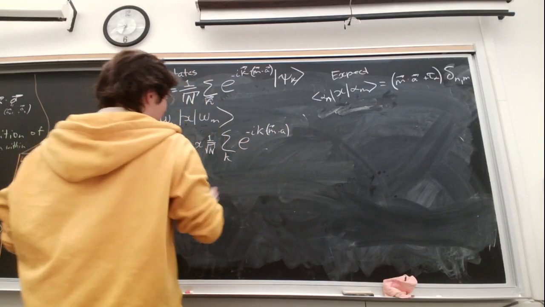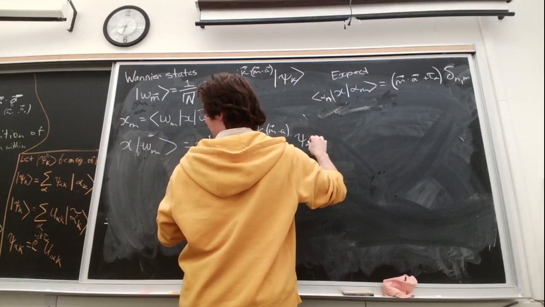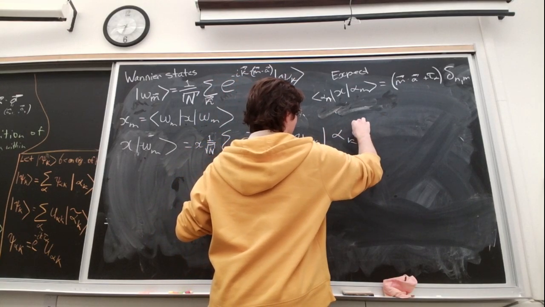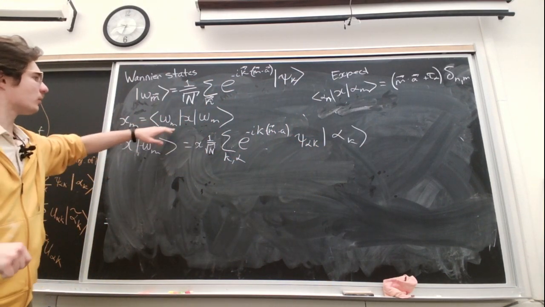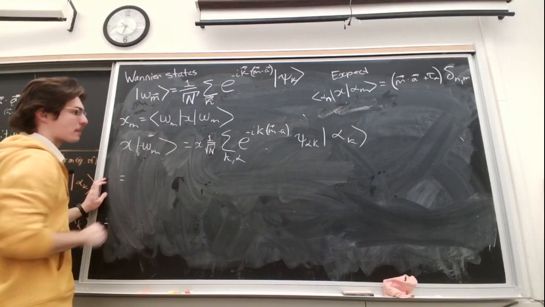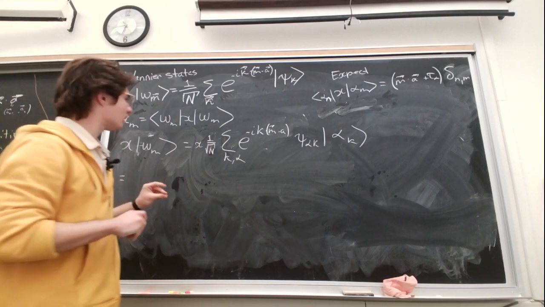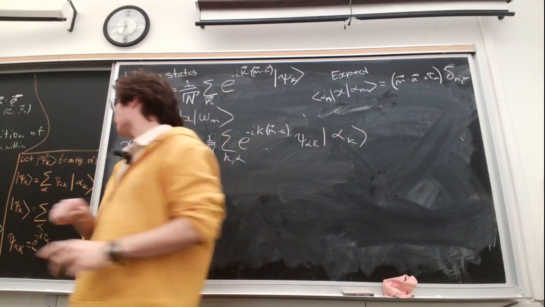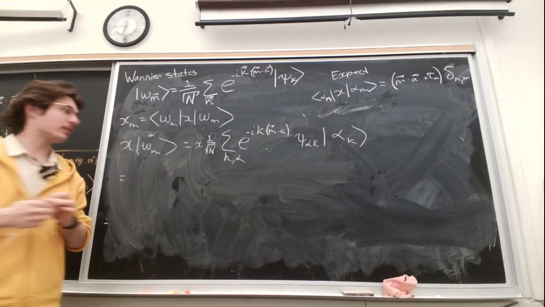Okay, but then I have to sum over alpha, my psi alpha k, alpha k. Do you agree? I just wrote out what the W is. Good. And now I can write down what the alpha k is in terms of the alpha n's.